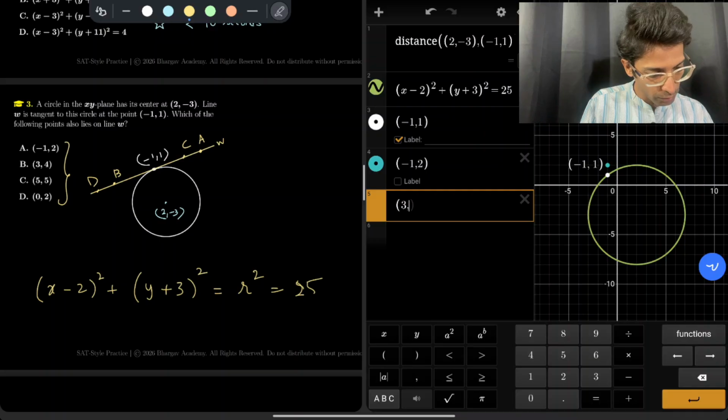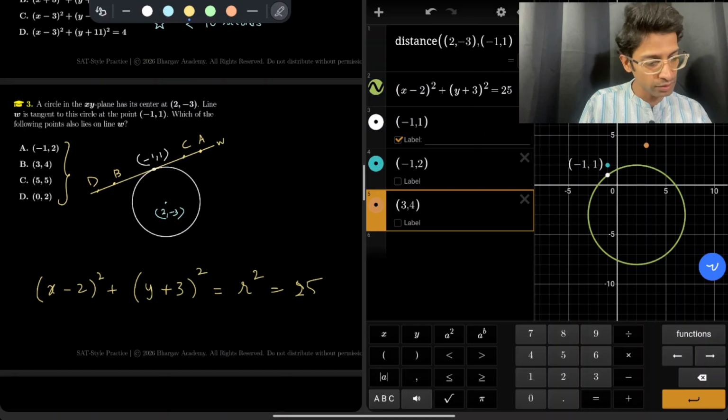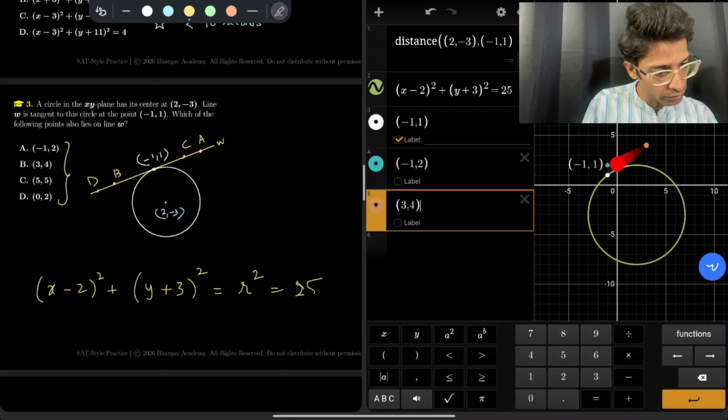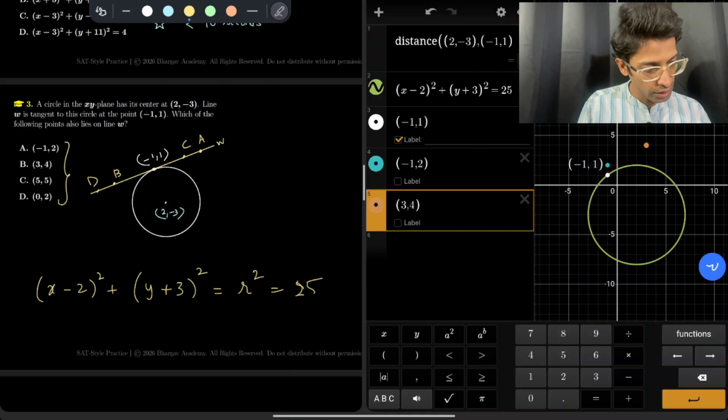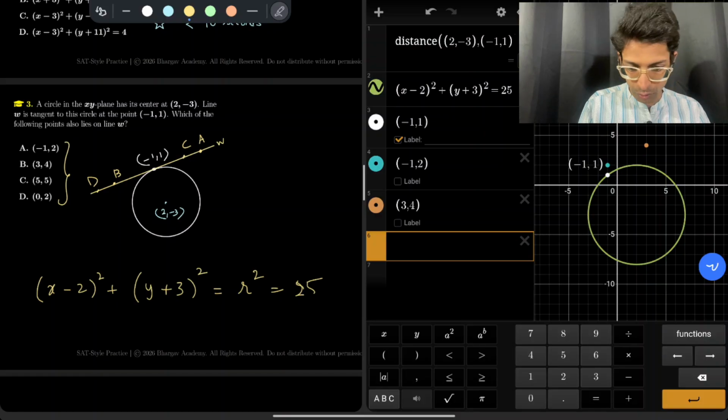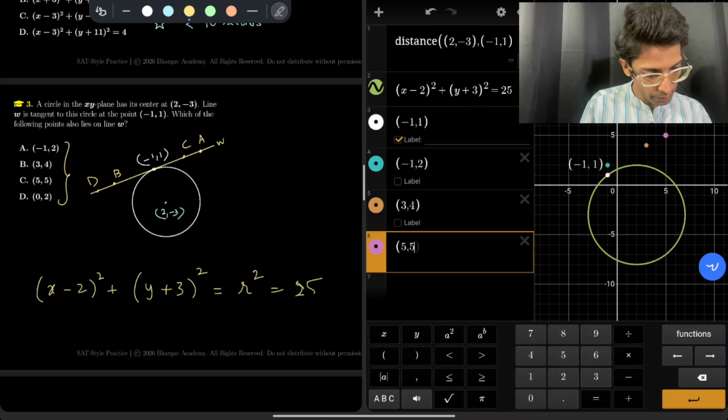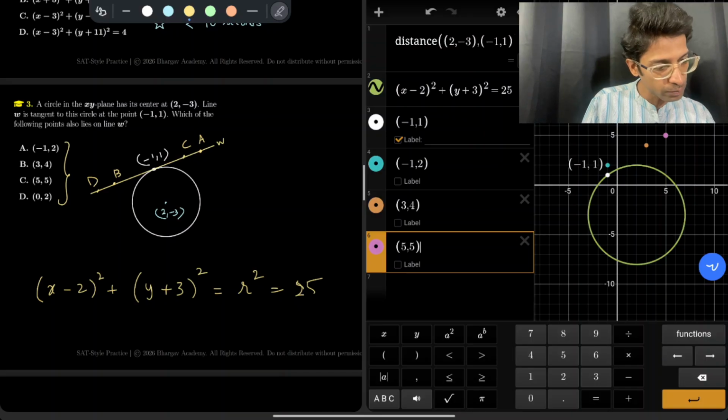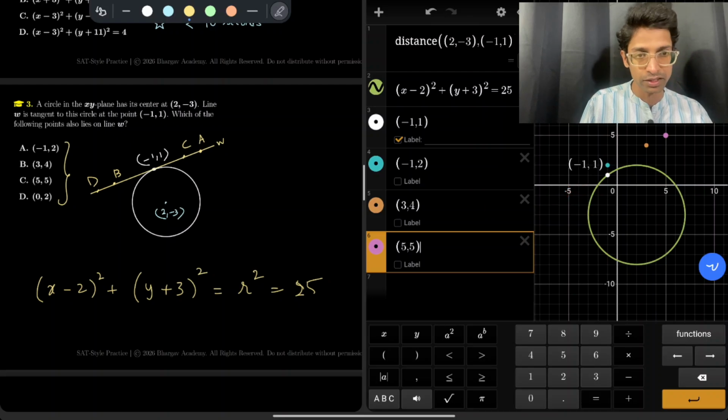And let's go for the next point. (3, 4) is the next point. This might be the answer because if we extend from this point to this, it might be the answer. Let's go to the next point of the option. Option C says (5, 5). Now this is getting trickier because from this pink point as well, if I draw, this may also be a tangent. We just don't know.